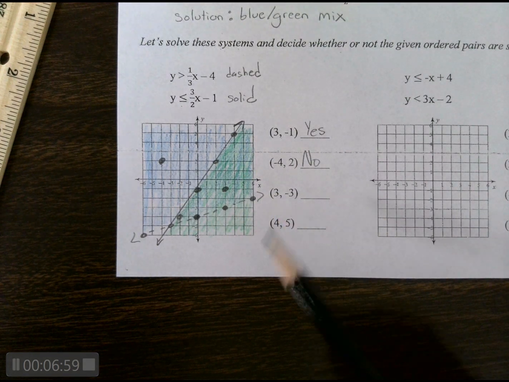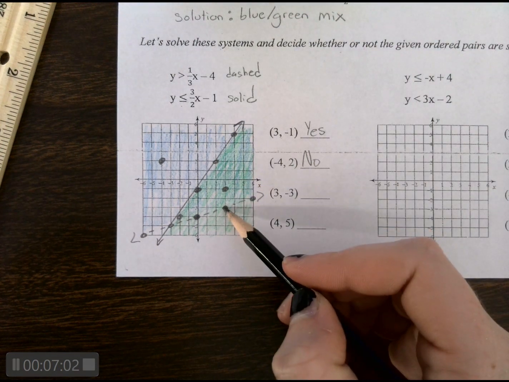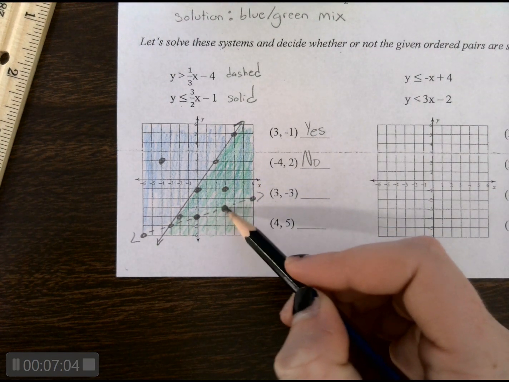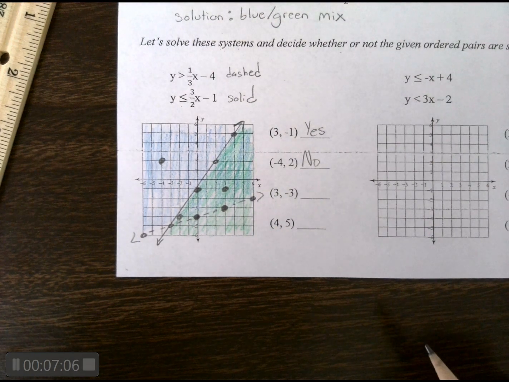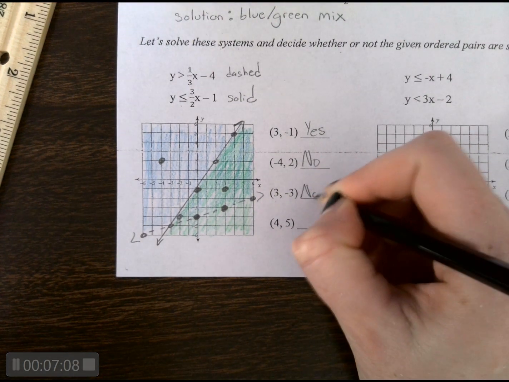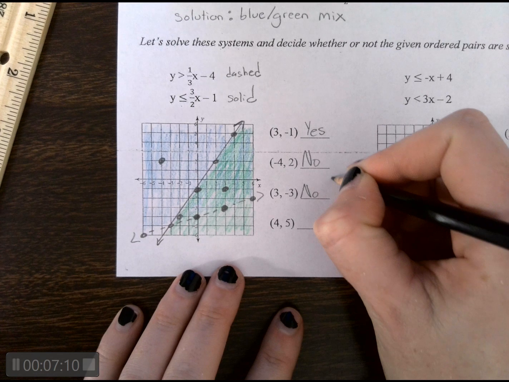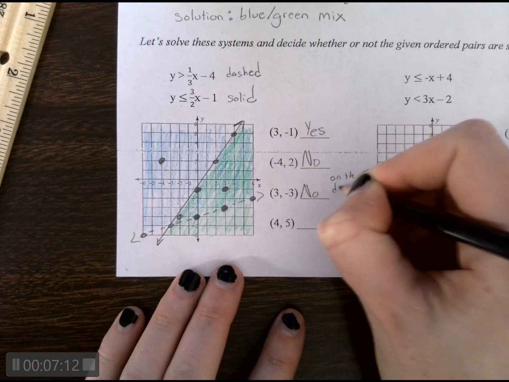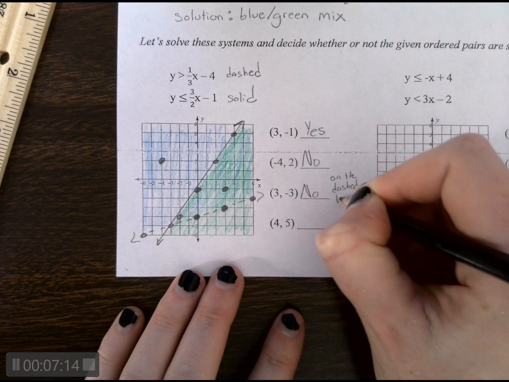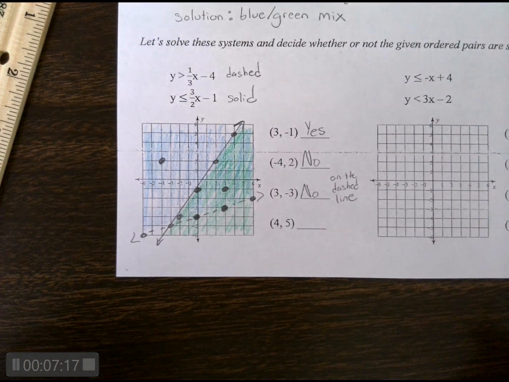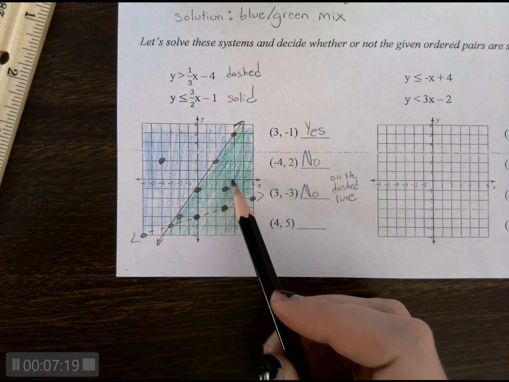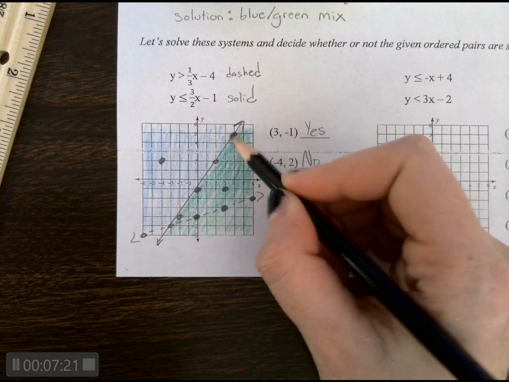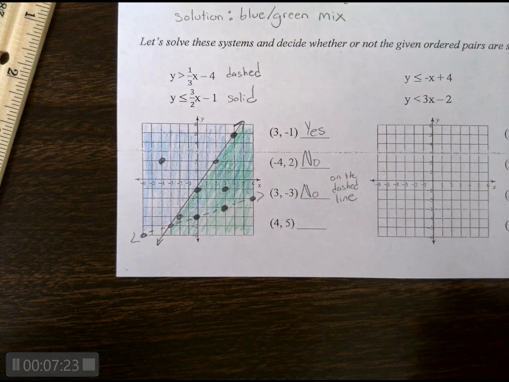All right, what about 3, -3, which is right here? Is this a solution set? No, it's not, because it's on the dashed line. Okay, and then finally we have 4, 5. Is this a solution?